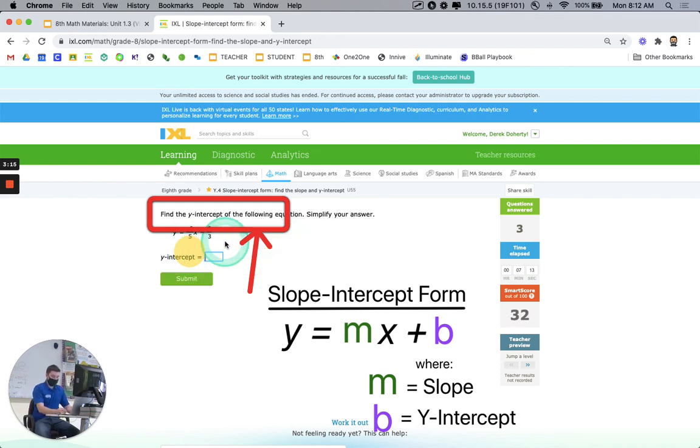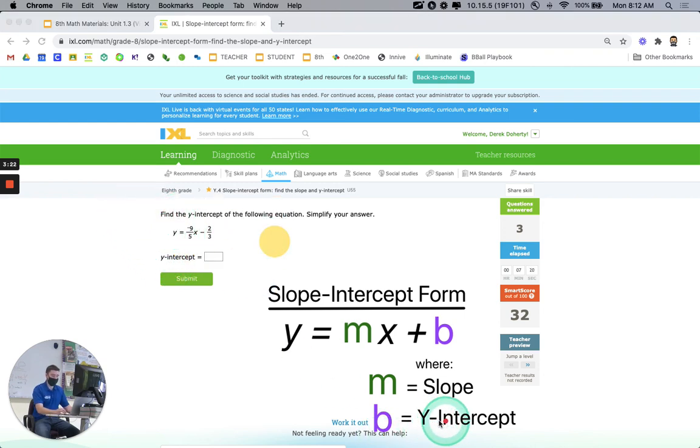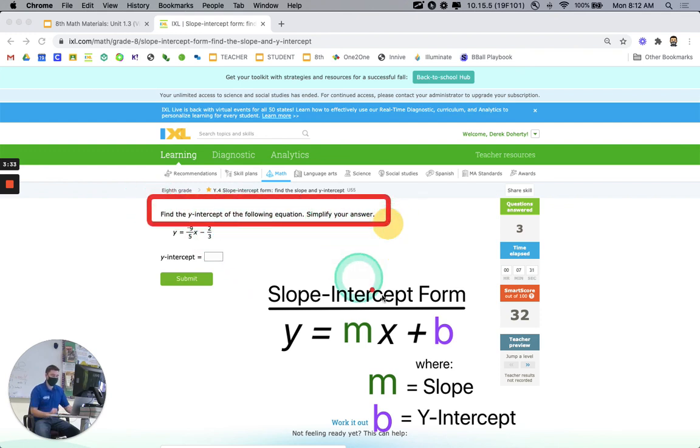For our next question, this time they're going to ask us about the y-intercept. And y-intercept is really a fancy name for the beginning point, or where the line crosses or intersects the y-axis. So if they're asking us to find the y-intercept, we know that's going to be the b, the constant number that's added or subtracted in the equation.